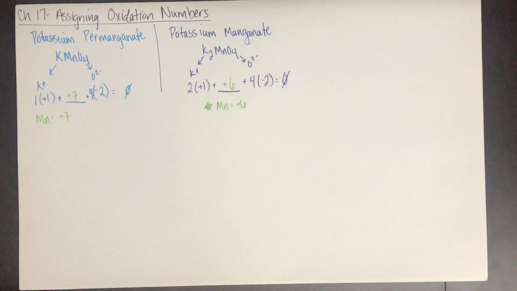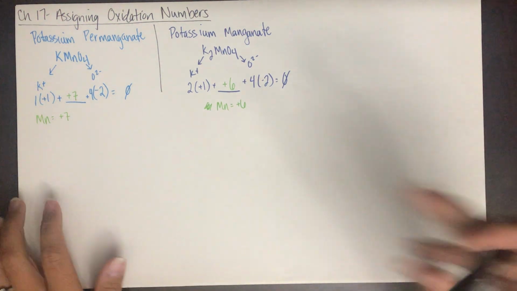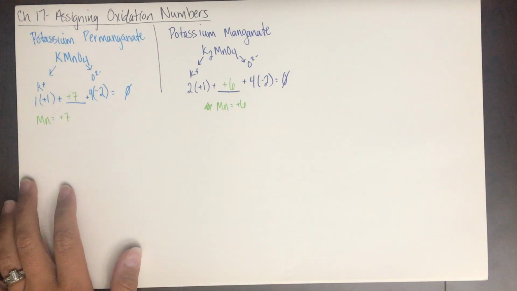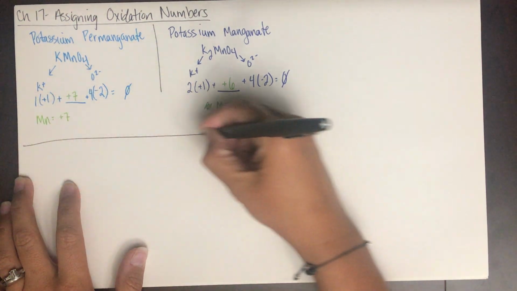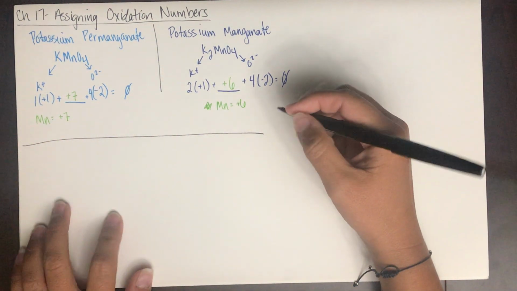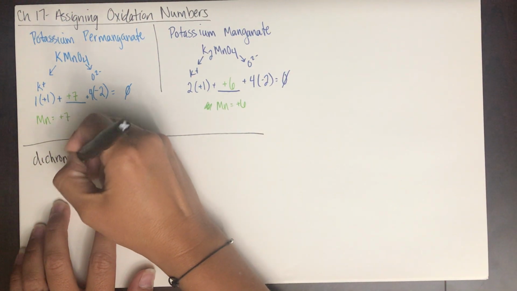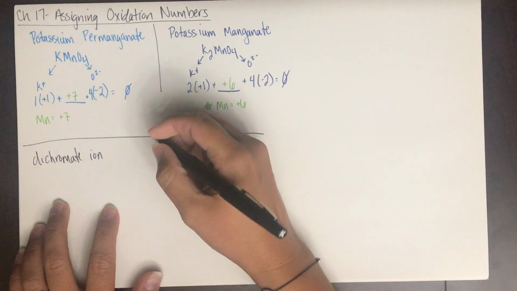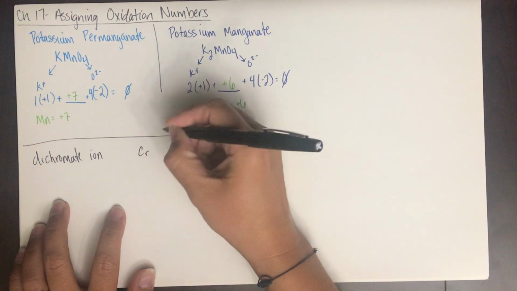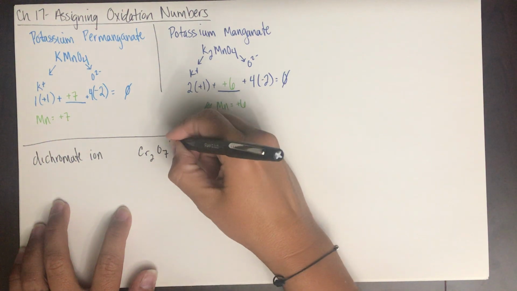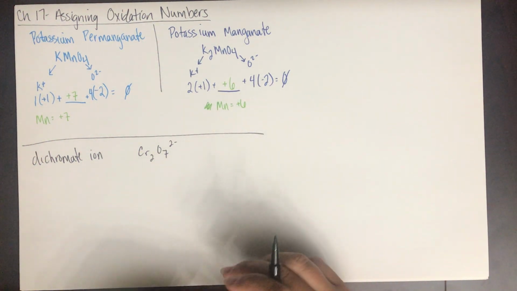Let's look at assigning an oxidation number in a polyatomic ion. So here's the dichromate ion. So the dichromate ion is Cr2O7, and it has a charge of 2-.